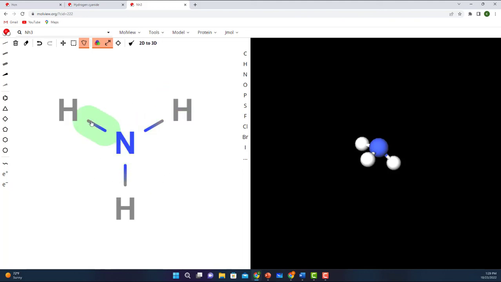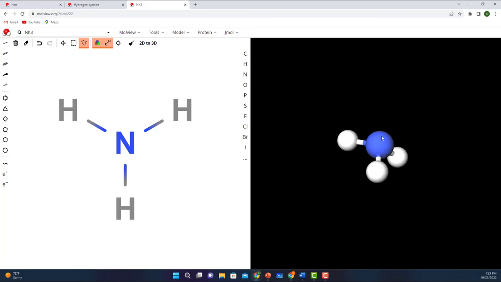So you might look at this and go, oh, it's trigonal planar. But when the compound is created, we can see that it's actually trigonal pyramidal. And it's like that because it has a steric number of 4. There are those lone pair of electrons up here pushing those 3 down. So it is a steric number of 4.